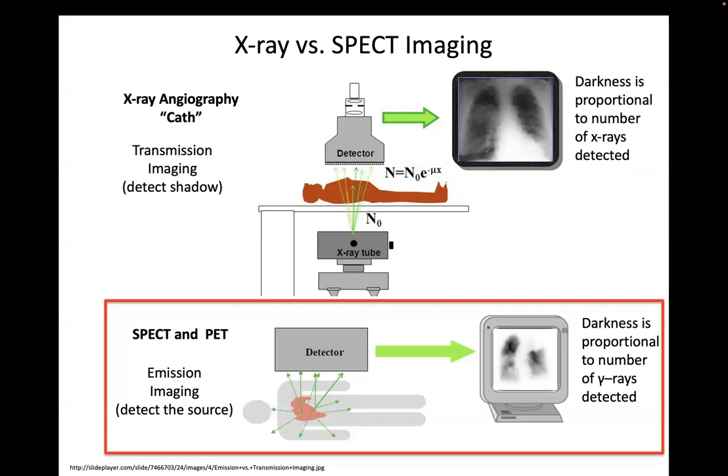So the patient themselves, because of this contrast agent, are emitting these 140 keV photons, and then we have some kind of detector and we can see where those photons are. Granted, this is a blurry image because the detector itself traditionally is not that great, right? It's a low resolution detector compared to the detector used for X-rays.